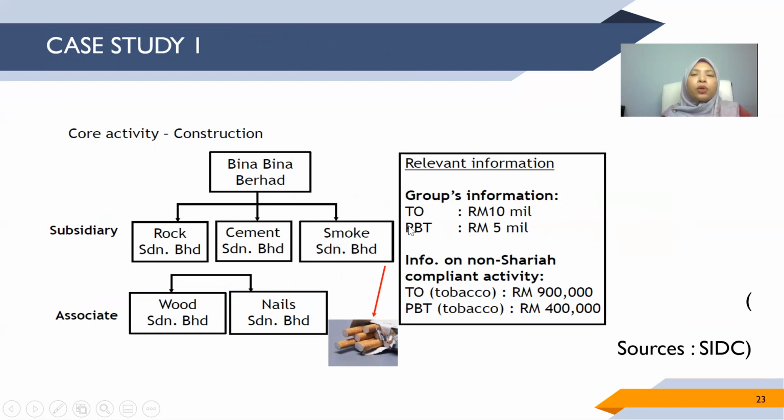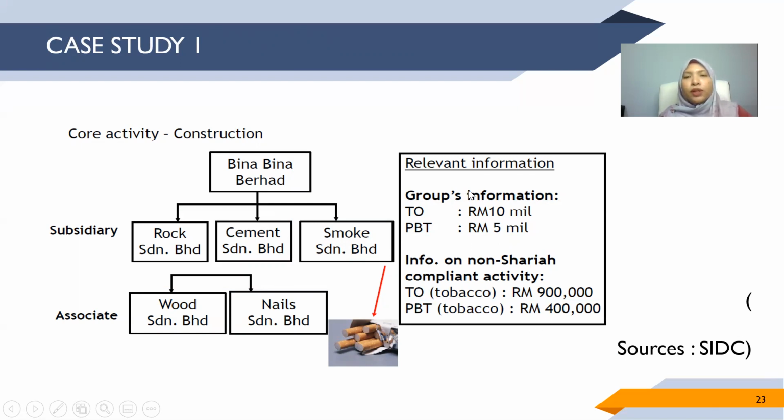So when you have an audited financial statement, you can come out with the group TO, which is 10 million, and the profit before tax. TO stands for turnover, PBT stands for profit before tax. So TO is 10 million, PBT is 5 million. For this one, you have to come out with the TO for tobacco itself and the PBT for tobacco.